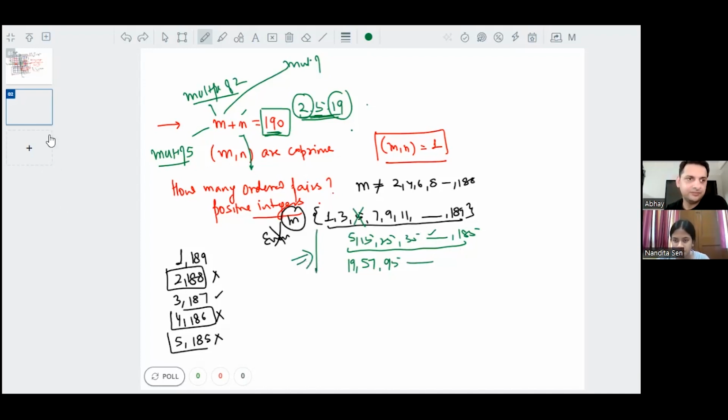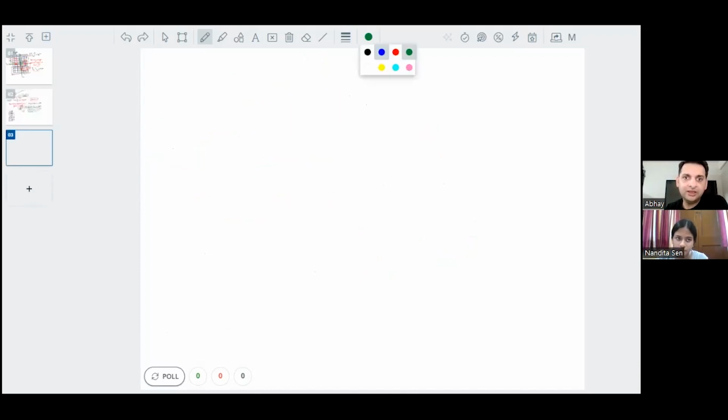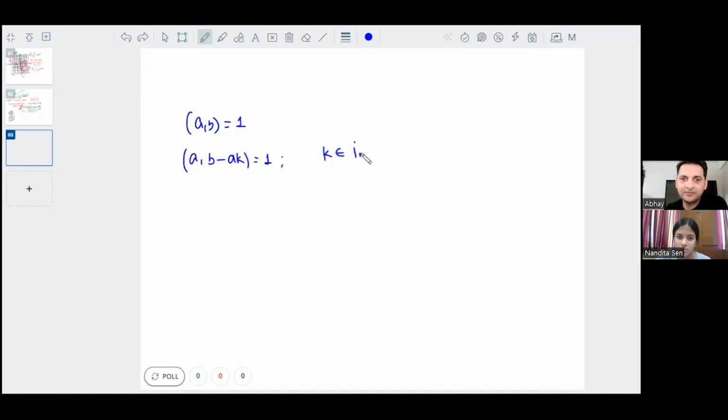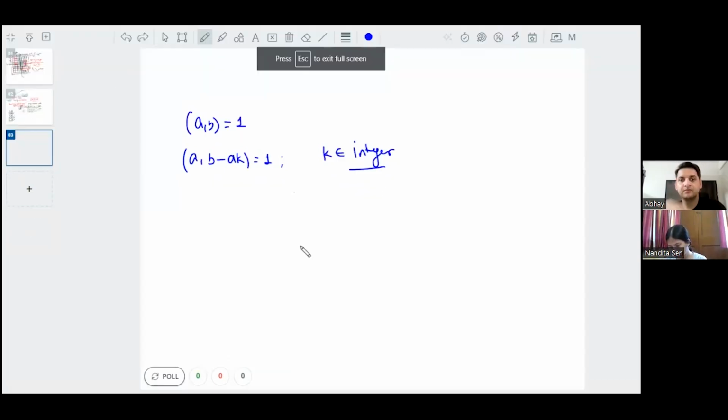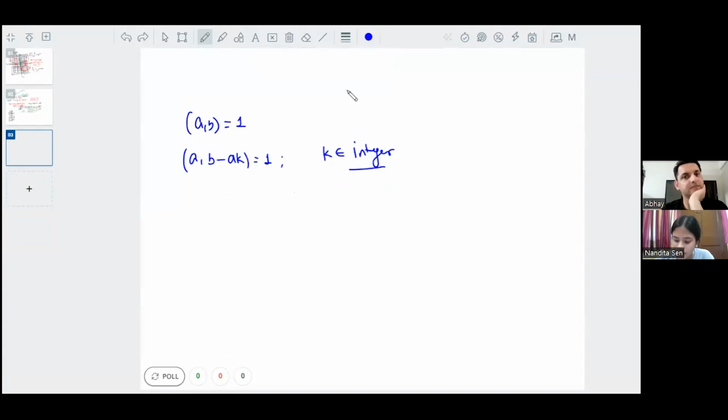All right? Okay. So Nandita, can you prove that if GCD of A and B is 1, then GCD of A and B minus AK is also 1, where K is any integer? So we can assume that there's a number n which divides A as well as it divides B minus AK.